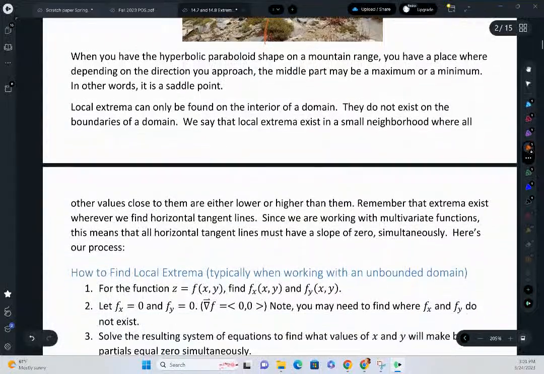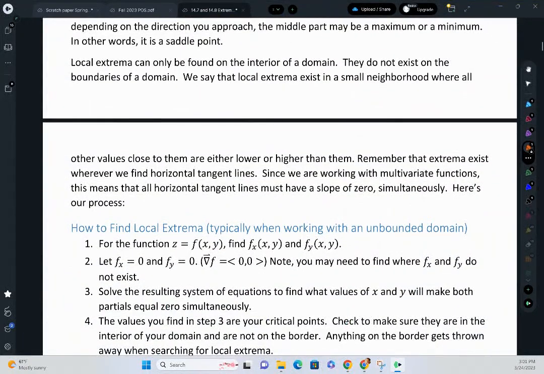Now, we're going to have processes for solving for our extrema. A few things that we need to be very careful of are that local extrema, mins and maxes, can only be found on the interior of a domain.